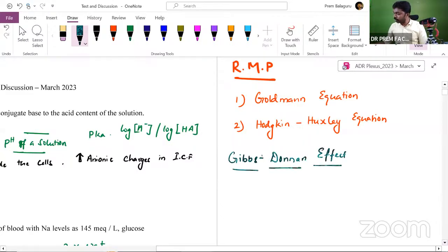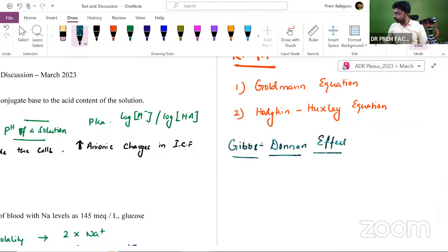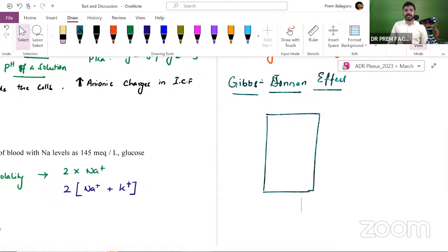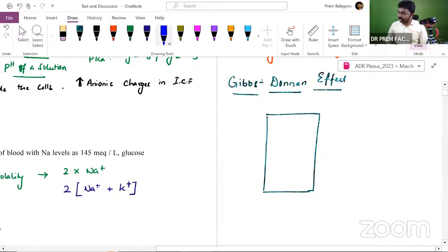The Gibbs-Donan effect. We're going to have a cell here, and this cell naturally is going to have proteins inside, right? No, Nernst one is not for RMP, I'll tell you that. Now, inside the cell, the cytoplasm has a greater amount of proteins.